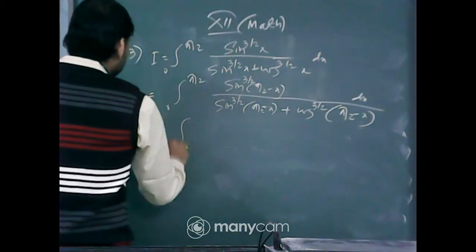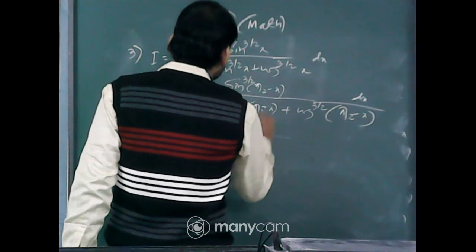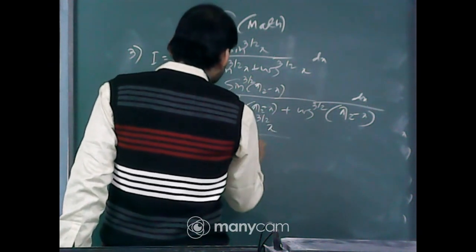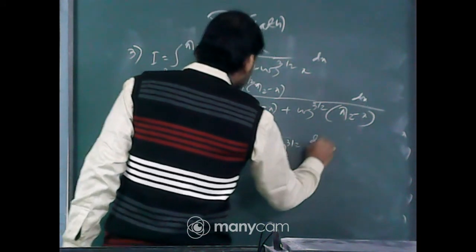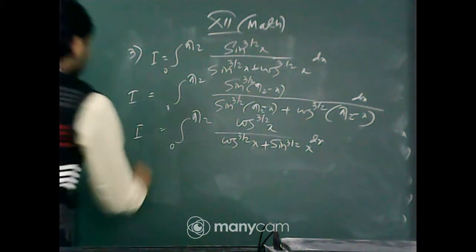That means 0 to pi by 2, in the numerator cos to the power 3 by 2 x by cos to the power 3 by 2 x plus sin to the power 3 by 2 x dx. Like the previous problem, just add the first form and the last form.